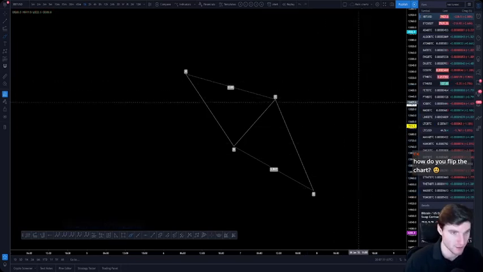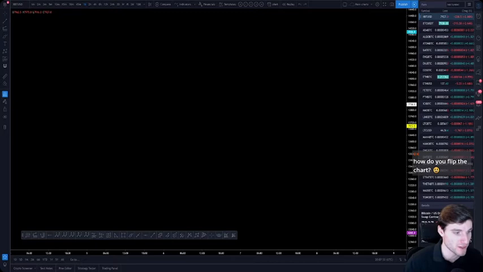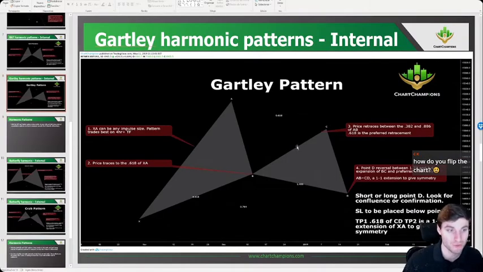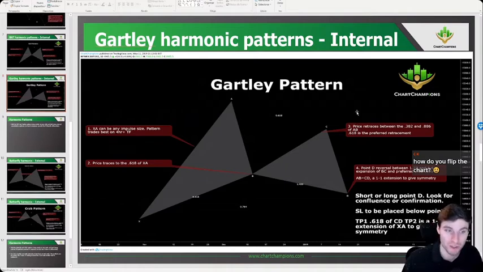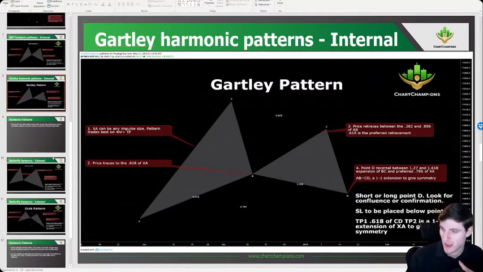So it literally depends where your point D ends. If point D ends at the low, this is a bullish Gartley harmonic. Just literally flip it. Everything stays exactly the same. If point D ends at the high, then it's a bearish harmonic pattern, and you would naturally look for short positions off of that.